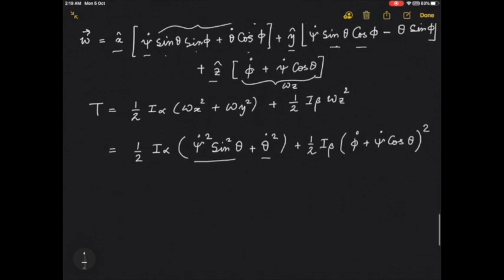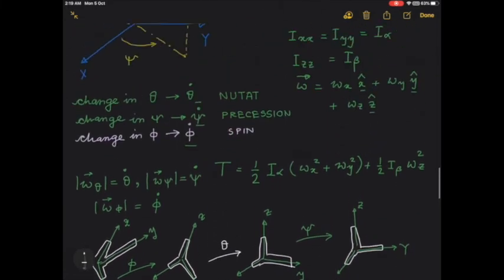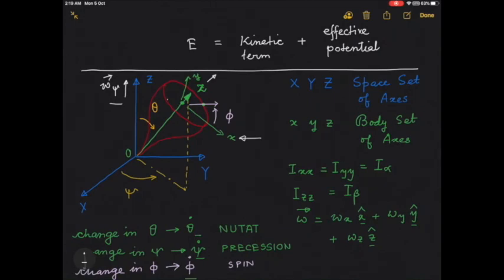Now that is the kinetic energy. What is the potential energy? Well, it's easy to set up the potential energy here, because the potential energy is just because of gravity.